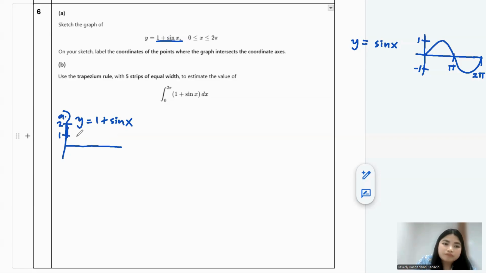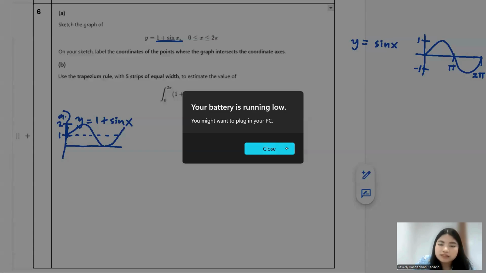Since there's a 1 plus in your y, you're going to adjust that. It will start from here, go like that, and will not pass through your x-axis because it has been adjusted. This will be your middle line now.